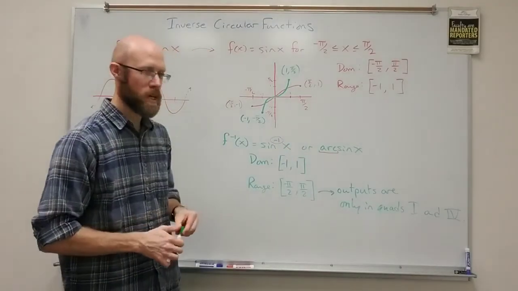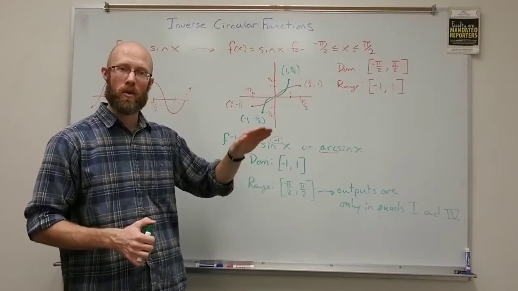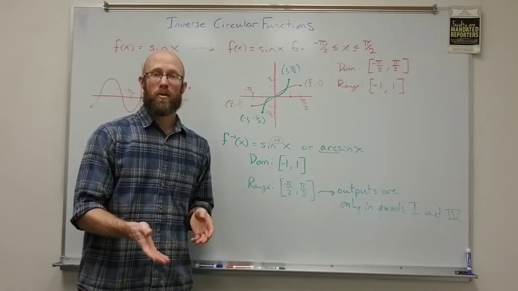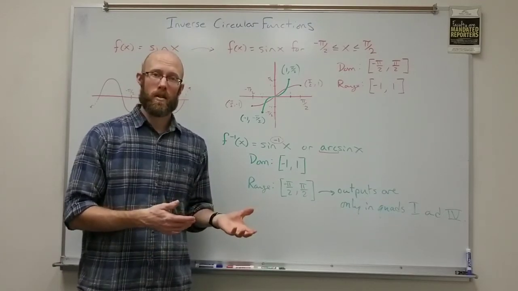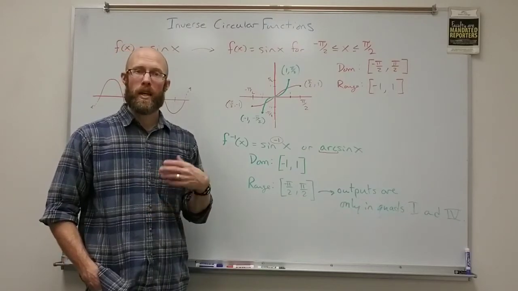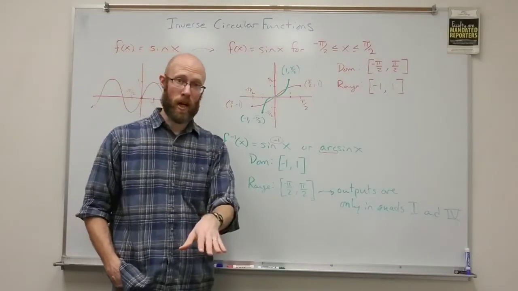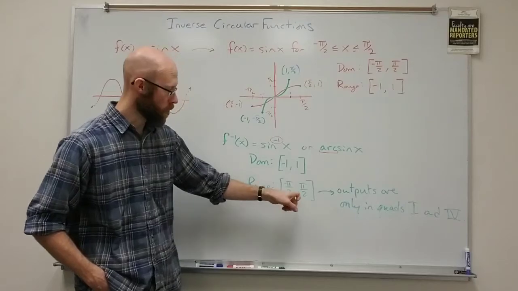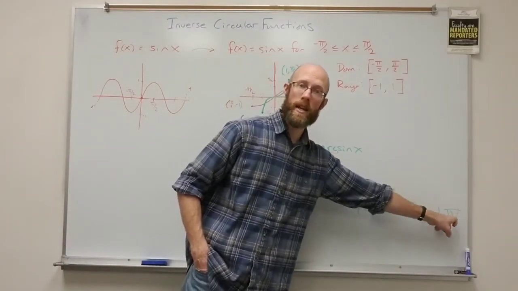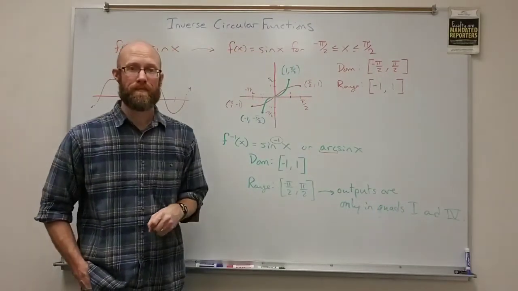Instead of the positive version, you have the negative version. So when you go to your calculator to find inverse sine values, the outputs are always going to be in one of those two quadrants, with positive angles in the first quadrant and negative angles in the fourth quadrant.